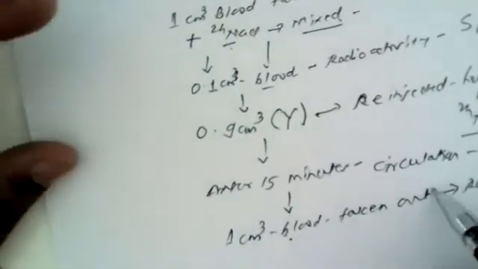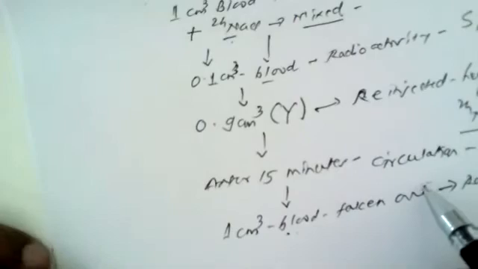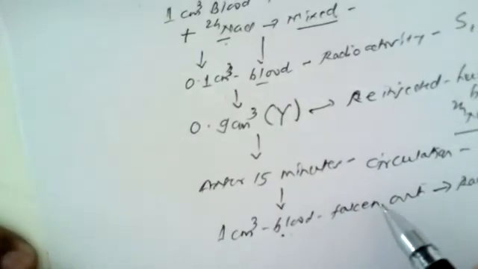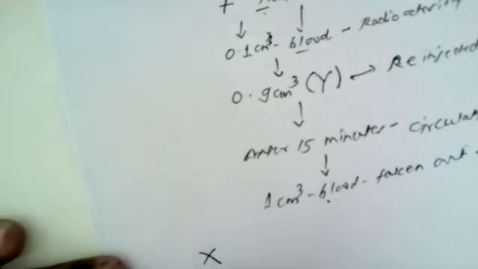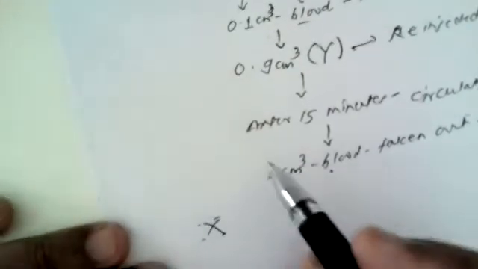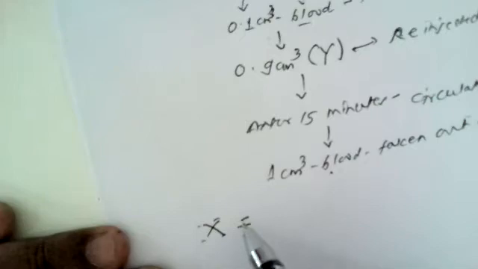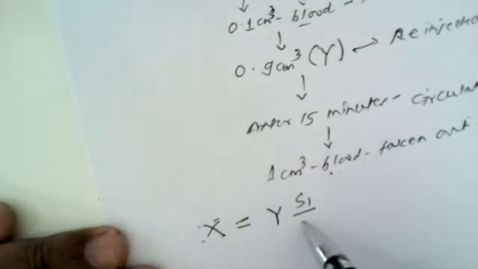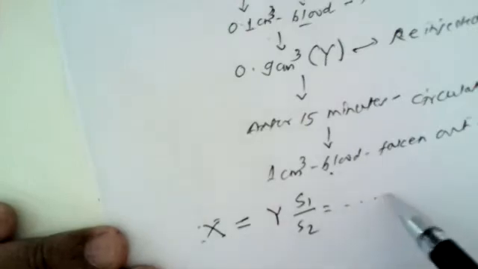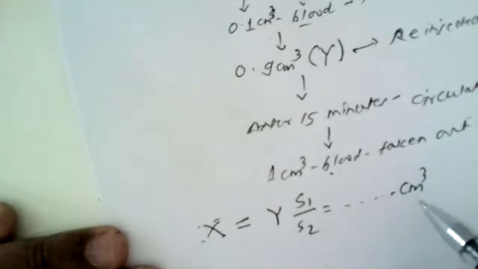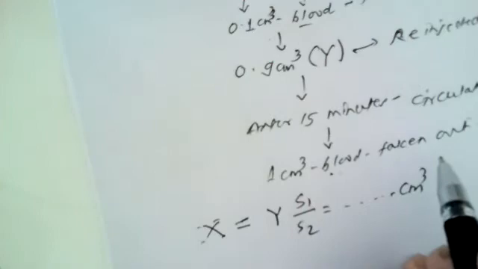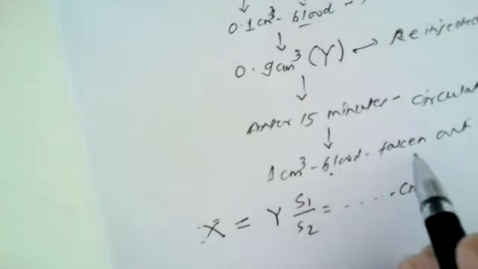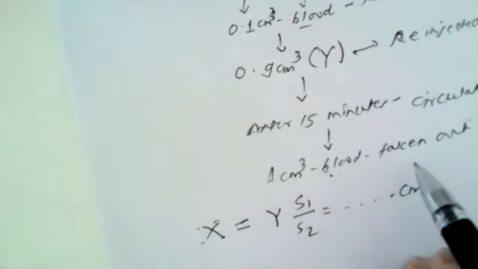Now the physicians decide how much blood was lost during the accident. Our aim is to calculate the quantity of blood that is lost. For example, we denote this as capital X. So X equals Y into S1 upon S2, that is the quantity in cubic centimeters. This is the quantity that is required to be administered for the patient.